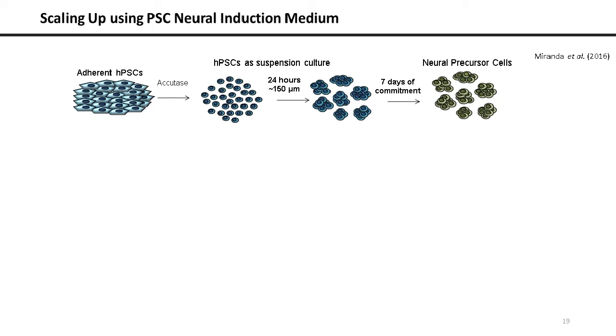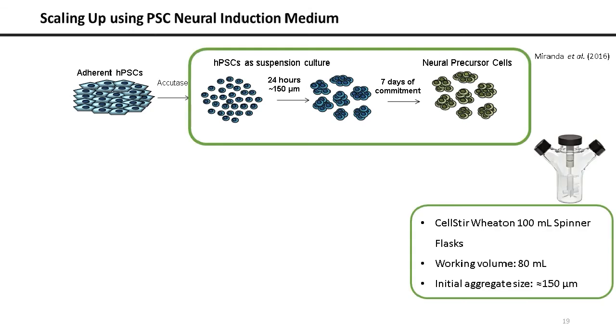With those aggregates, in only 7 days, we would be able to generate pure populations of neural precursor cells. We wanted to do this not only at a culture plate level, but at a spinner flask level.